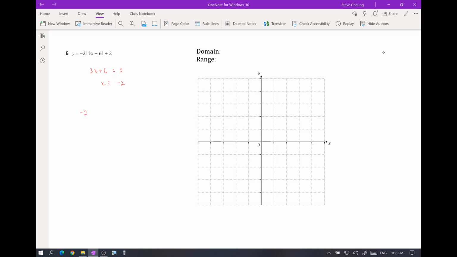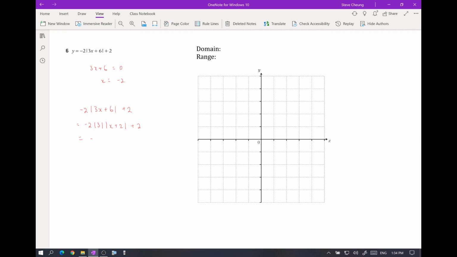So we can actually rewrite this if you take out the 3 as a factor, but what comes out still stays positive. So technically, if you set the absolute value to 0, you get x equals -2 again. But in any case, our vertex will be at -2, +2. And this time it has a scale factor of -6.